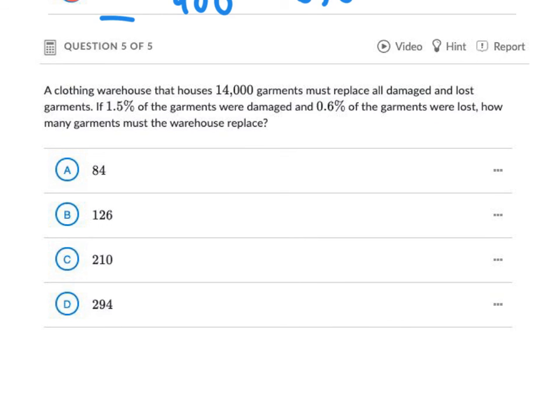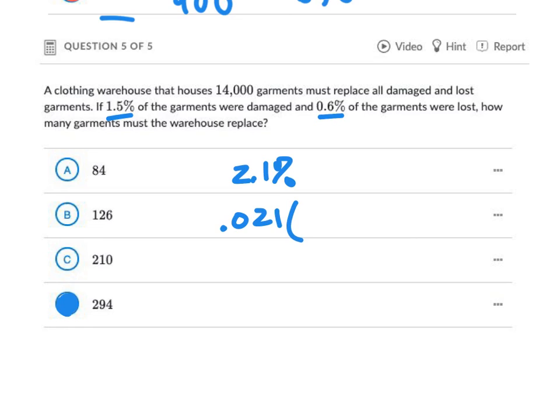How many of you guys got D as your answer? Okay? So if you're doing 1.5% and 0.6%, that's a total of 2.1%. Then turn that into a number, that's 0.021.